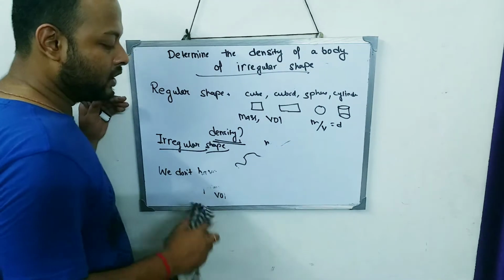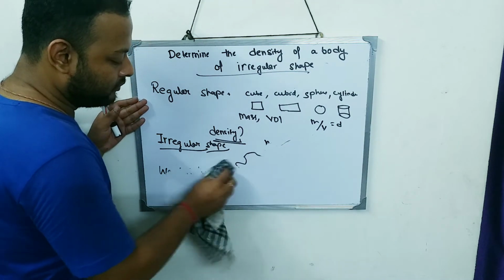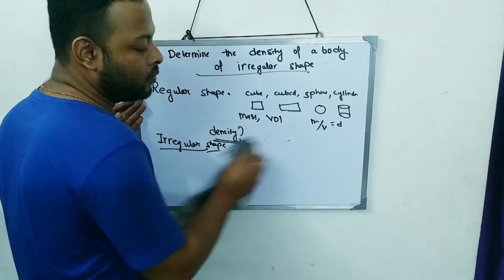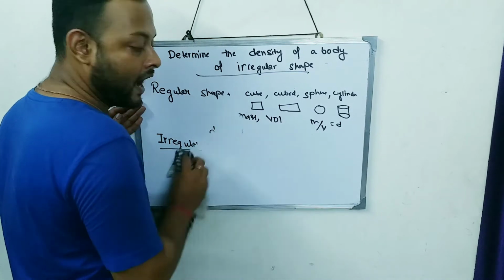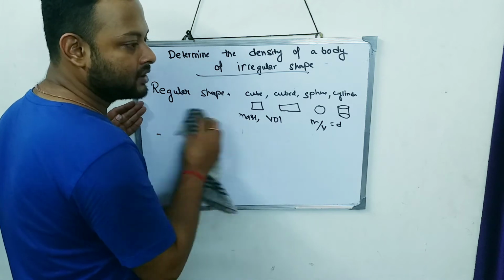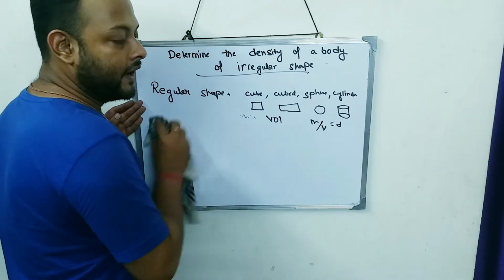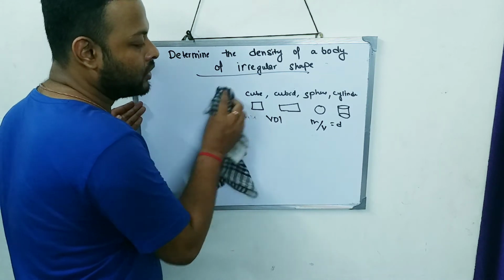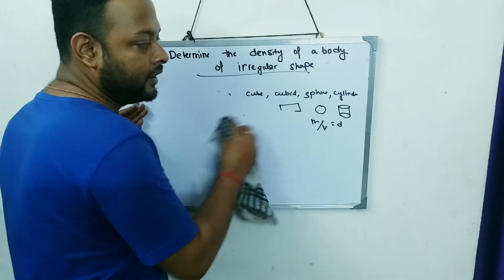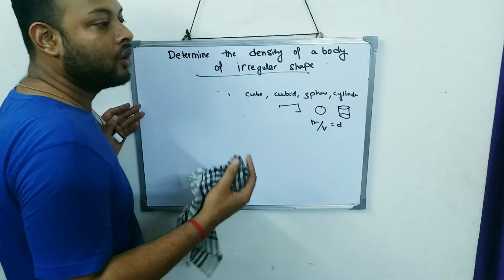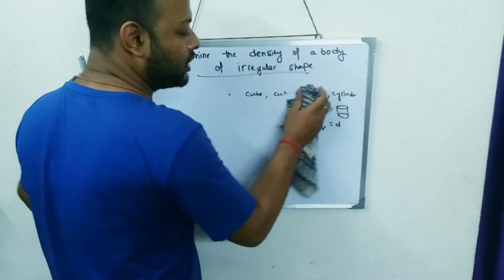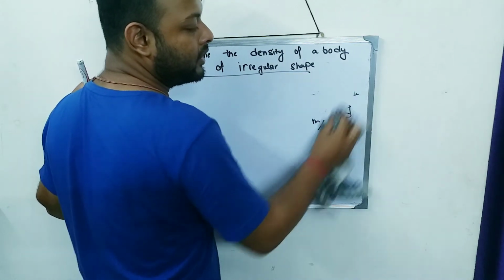Now when you were a child, when you were small, have you heard of this story? A crow was very thirsty, and to quench his thirst he found a pot, but in the pot the water was very far down below. His beak was not long enough to reach the water. So what did he do?